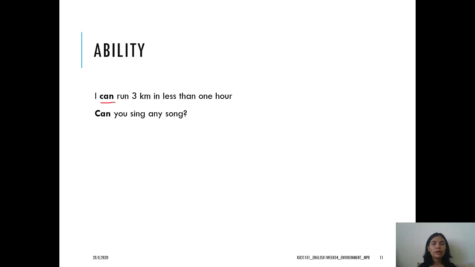So you express your ability to run in less than 1 hour. And you can also use it for a question, for example, "Can you sing any song?" This is to ask for the ability of someone, whether he or she can sing or not. So this is one of the uses of the modals for ability.